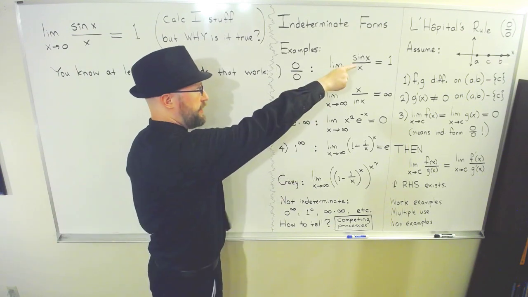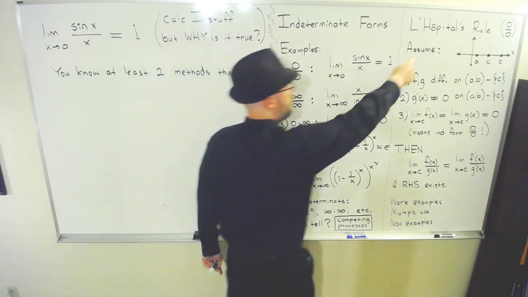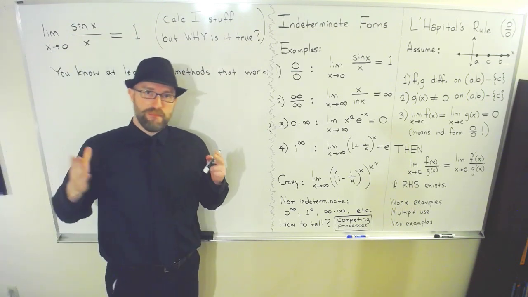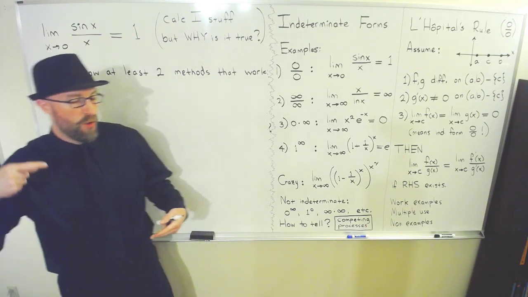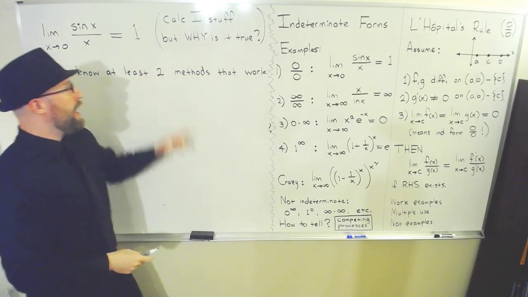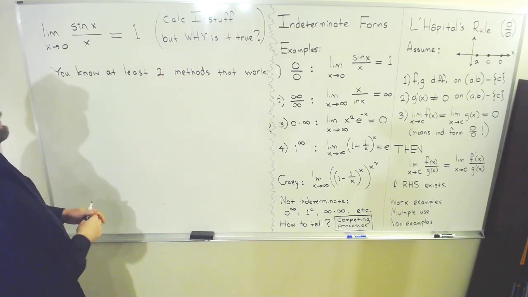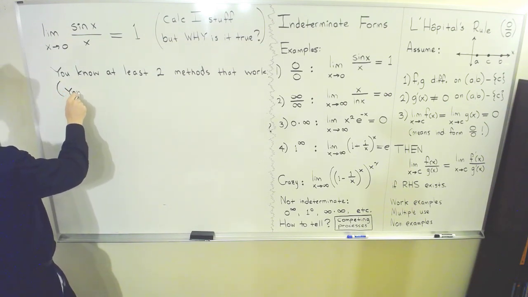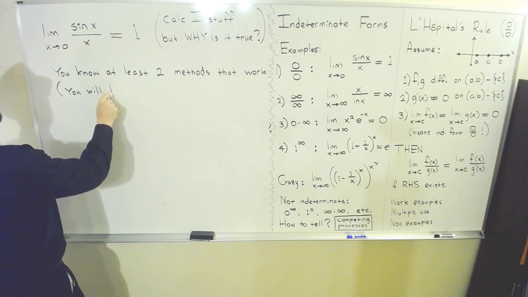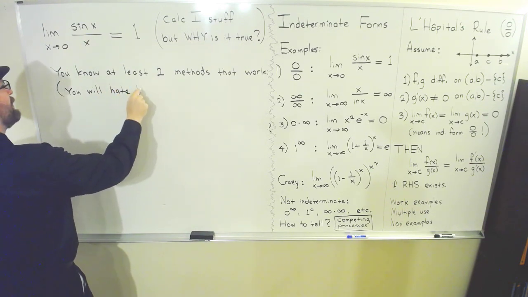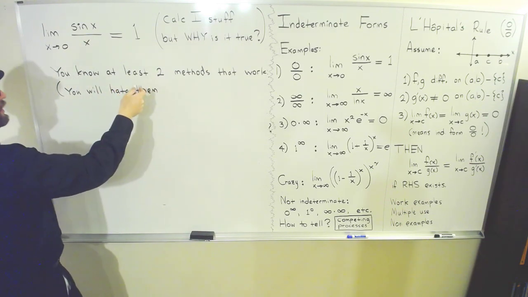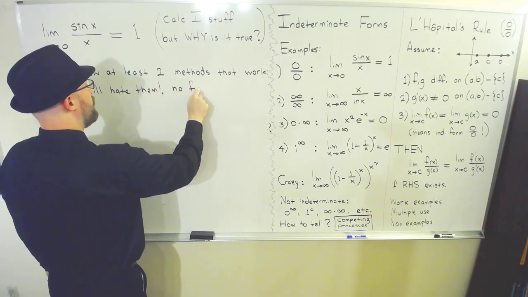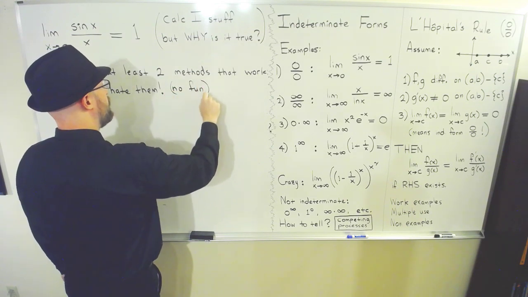Because these aren't the ones I want to teach you now. This isn't L'Hopital's rule. We'll get to that later. The reason I'm showing you this is I want to motivate L'Hopital's rule. I want you to want another method. And so these methods are no fun. You will hate them. And so the next 10 minutes or whatever it is is going to be devoted to convincing you that you don't want to use these methods.